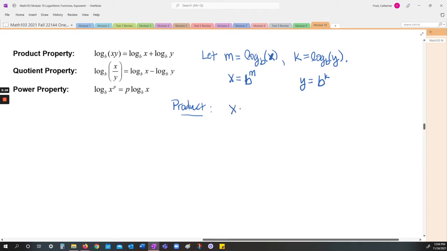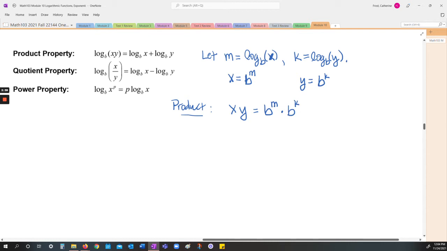So x times y. Since we have introduced this m and this k and rearranged things, we can write x as b to the m, and y is b to the k, so times b to the k.